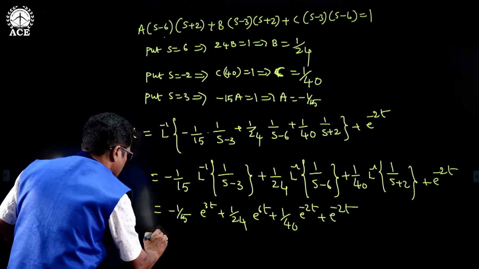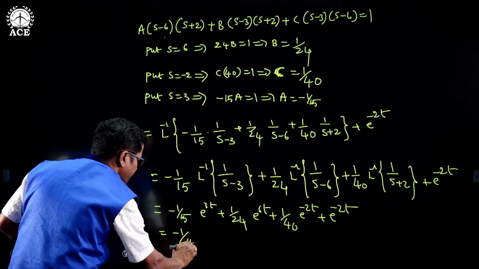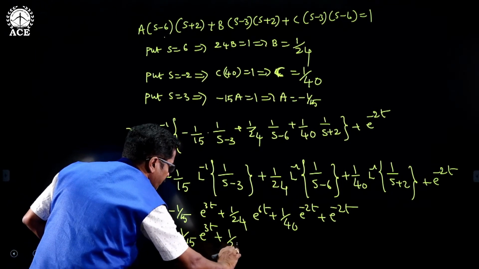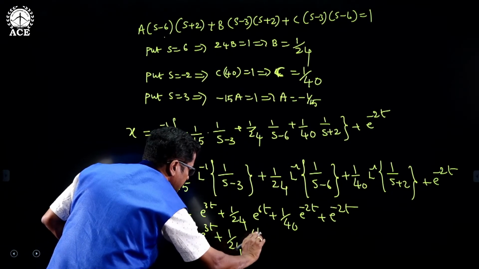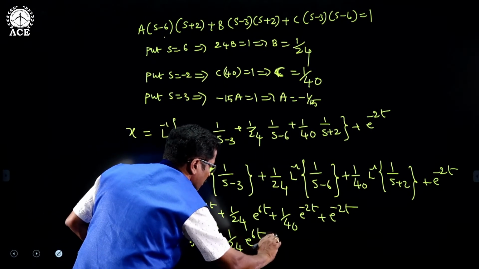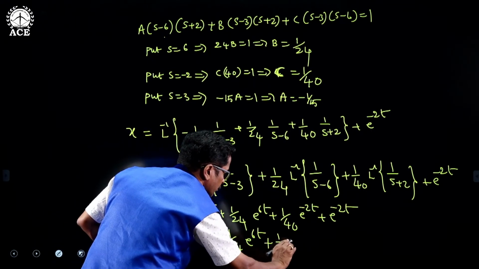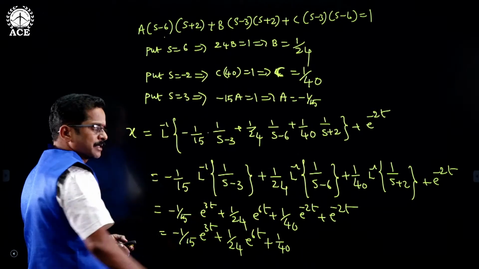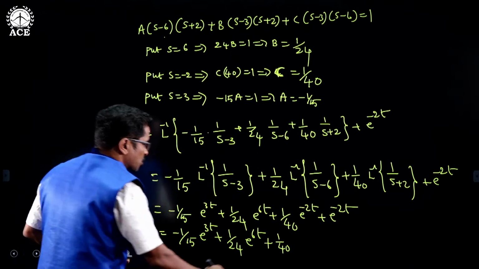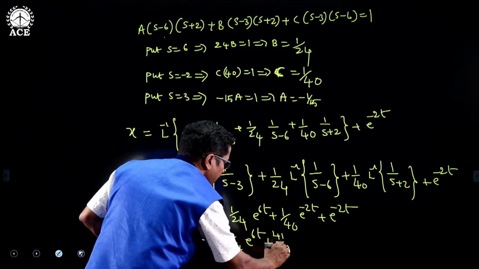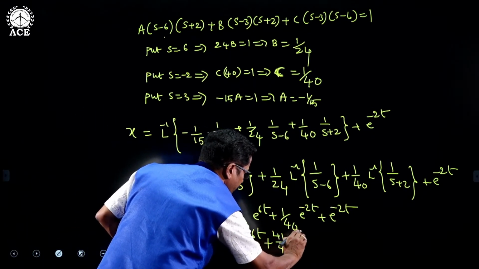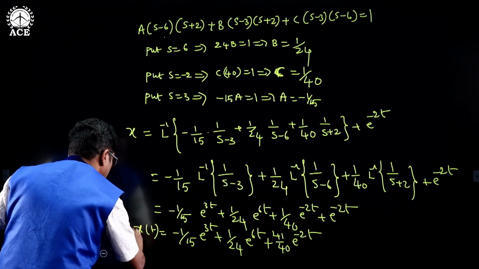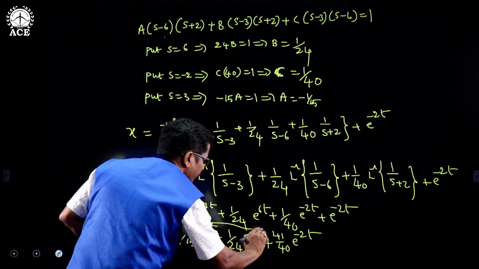Okay, so which is equals to minus 1 by 15 into e power 3t plus 1 by 24 into e power 6t plus 1 by 40 e power minus 2t plus e power minus 2t is going to be 41 by 40 into e power minus 2t. This is the solution for the given differential equation.